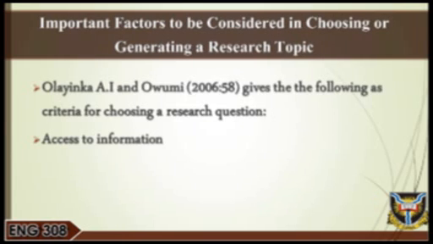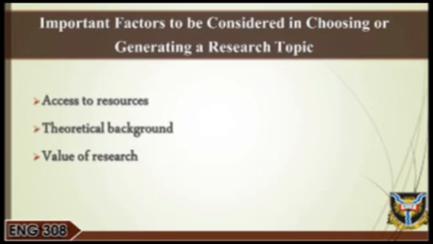In the same vein, Olayinka A.I. and Owumi 2006, ibid. 58, give the following as criteria for choosing a research question. A. Access to information. B. Access to resources. C. Theoretical background. D. Value of research.